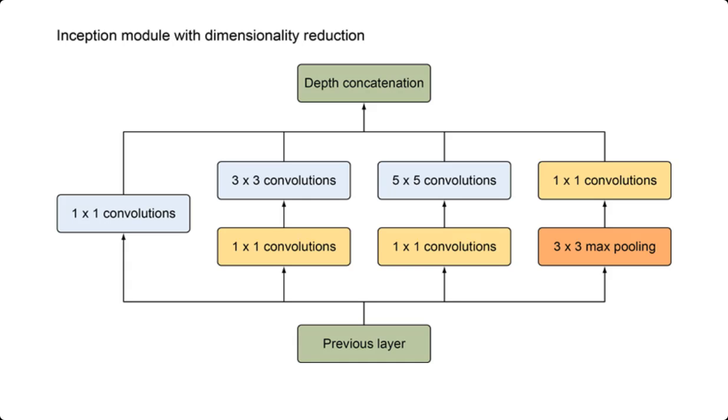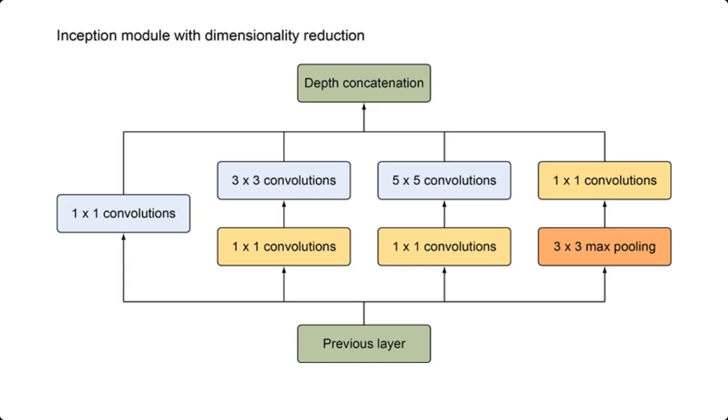This will reduce their computational cost. We will also add a 1x1 convolution after the 3x3 max pooling layer, because pooling layers don't reduce the depth of their inputs. So we will need to apply the reduced layer to their output before we do the concatenation. And that's what is shown in this picture.